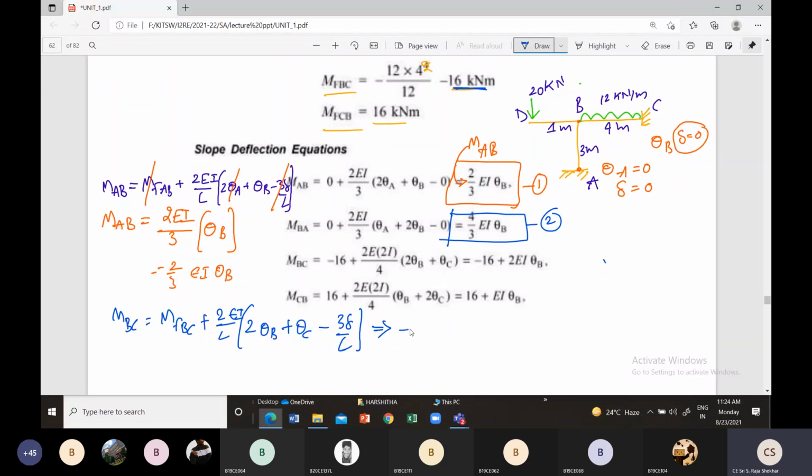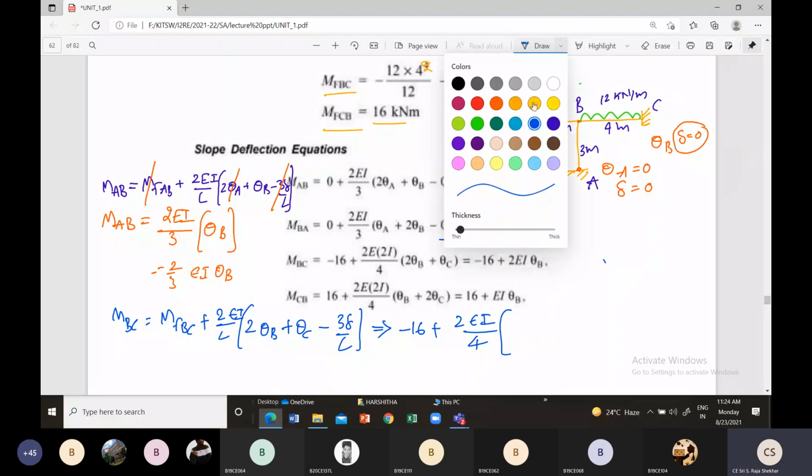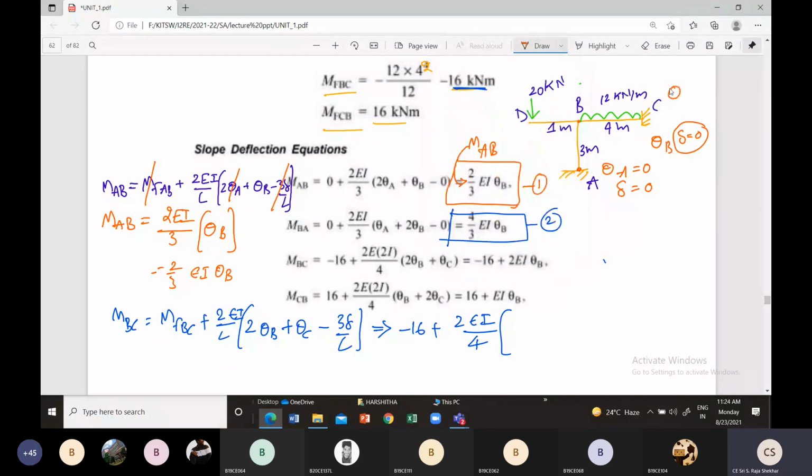Substitute it: minus 16 plus 2 EI by L, where L is equal to 4 meters, into, here if you see BC member, theta C will become 0 and delta is equal to 0. Theta B is the unknown. Substitute theta C is equal to 0 in this equation, that is 2 theta B, theta C is 0, delta is also 0. Only unknown is theta B.